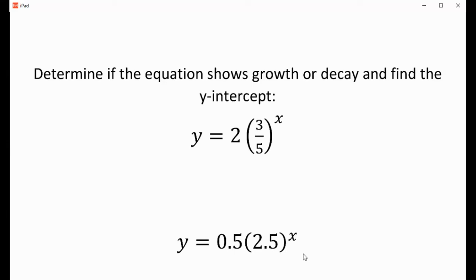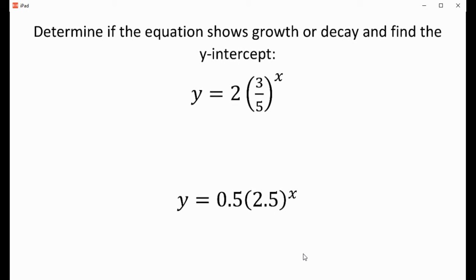So this first half of the week, we're going to look at graphing exponential functions with transformations. Just as a review, you can tell if it's growth or decay based on what b is here.